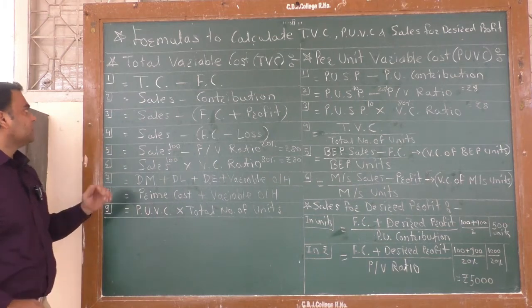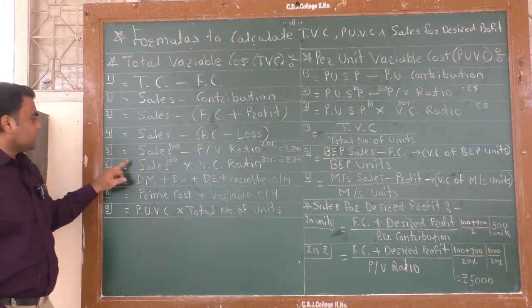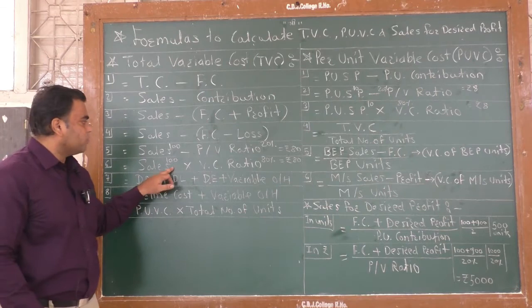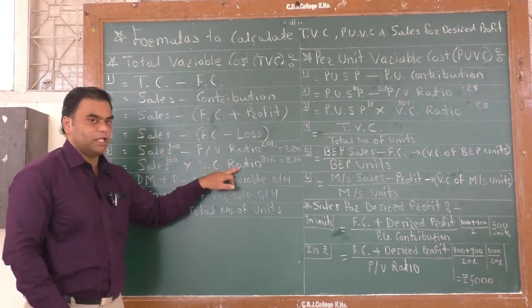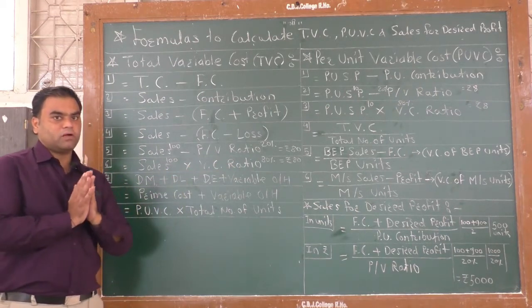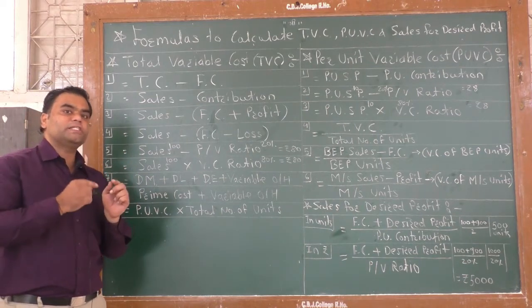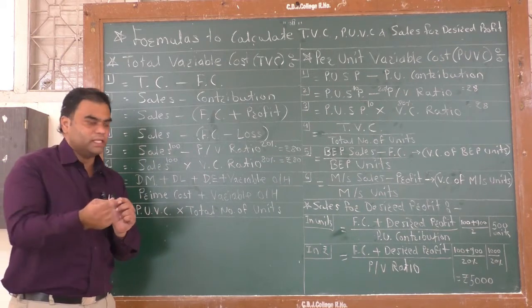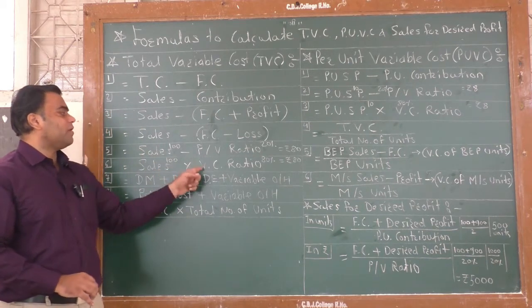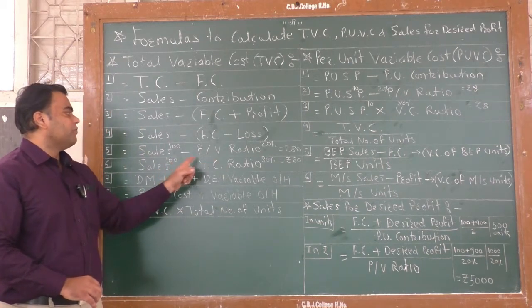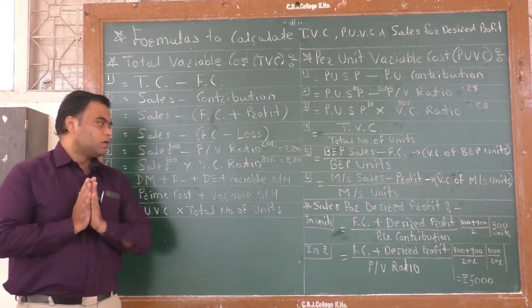Now next, total variable cost is equal to sales into variable cost ratio. Variable cost ratio tells us the percentage of variable cost to sales. That's why when we multiply variable cost ratio and sales, we get the amount of total variable cost.